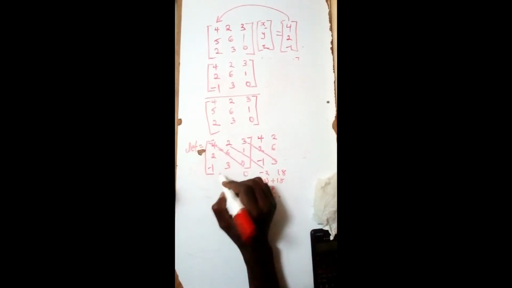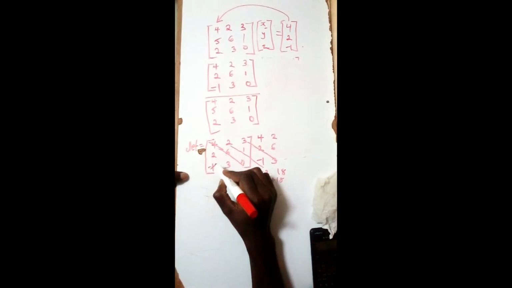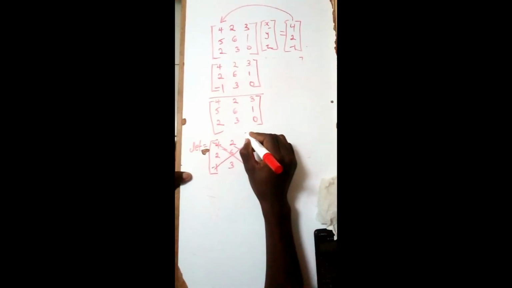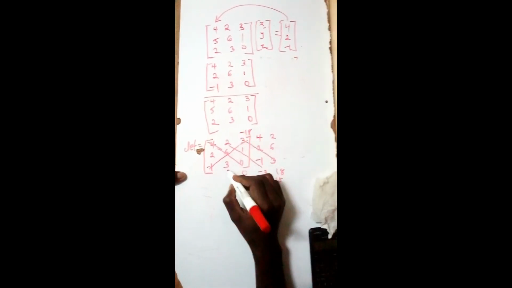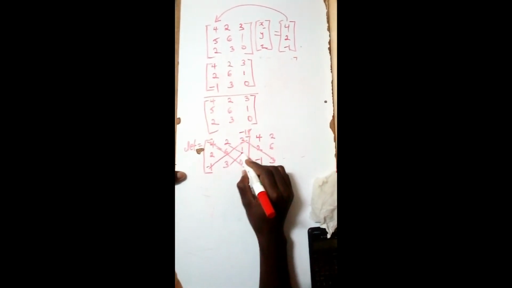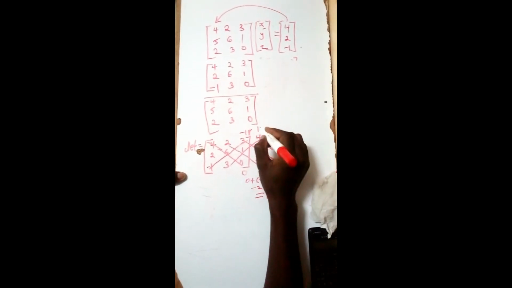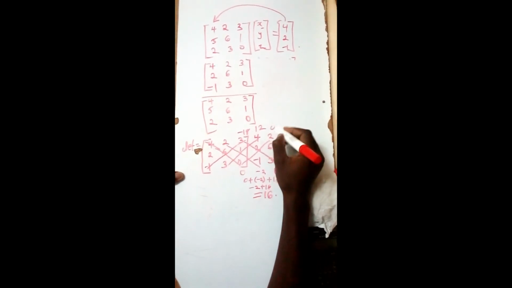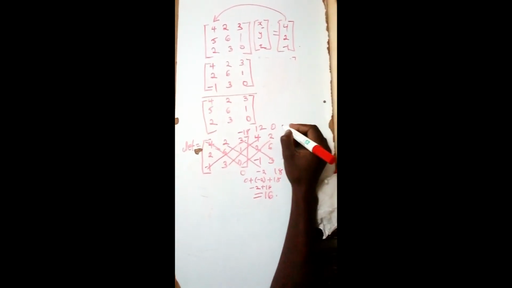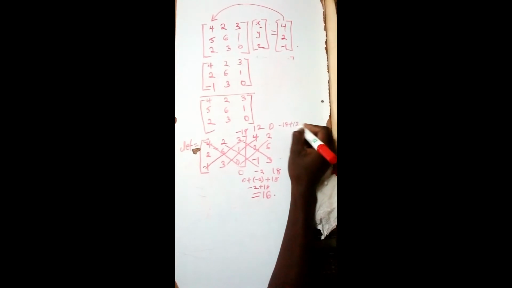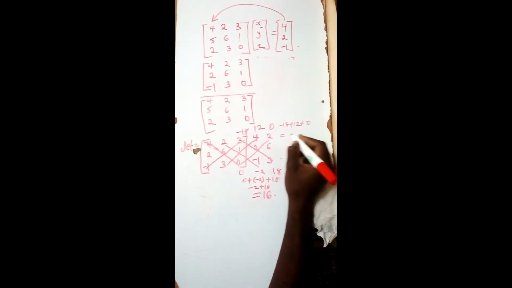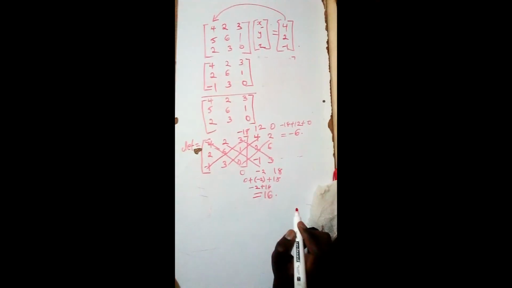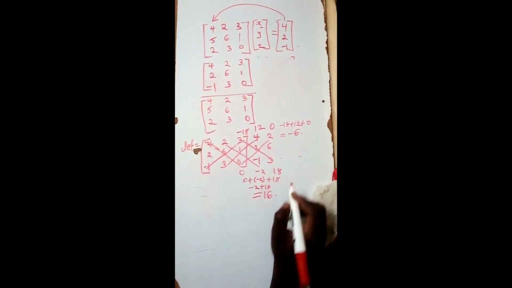Coming to the other diagonals, we multiply -2 by 6 by 3, which is -18. Then this diagonal is 12. Then this one is 0. We add -18 plus 12 plus 0, which gives us -6.